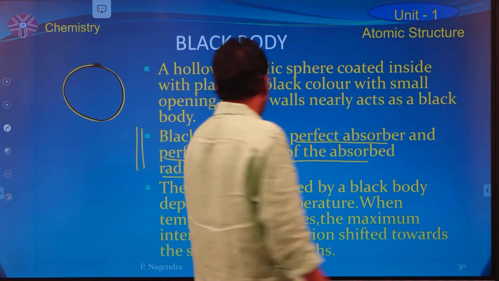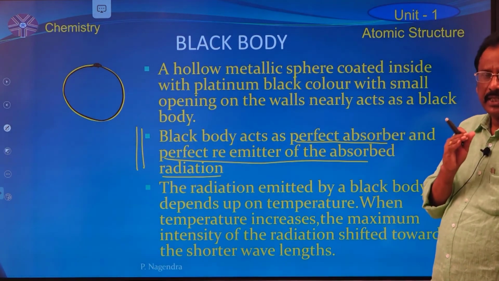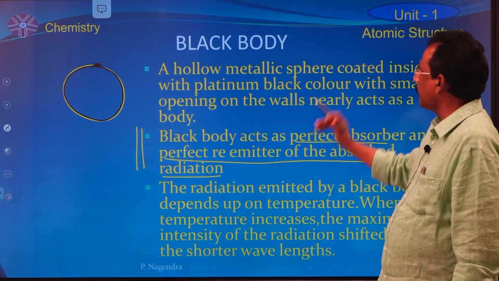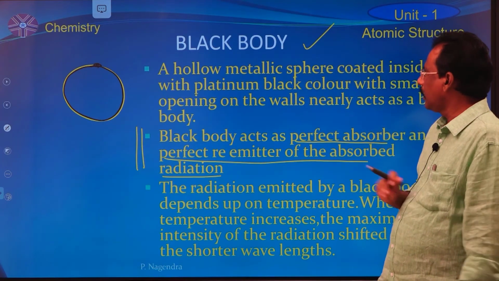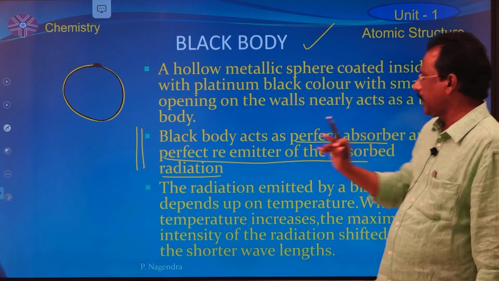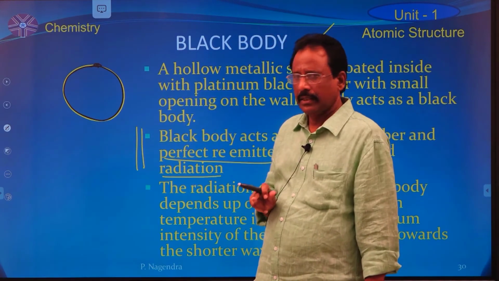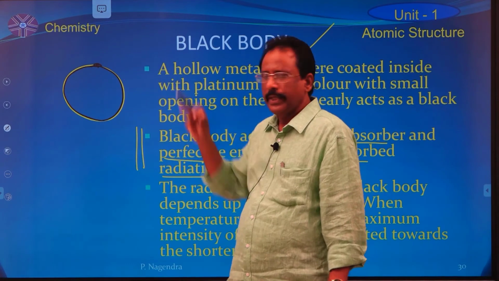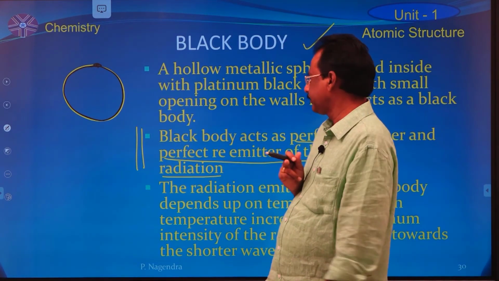A very important point is that Max Planck's quantum theory successfully explains black body radiation. A hollow metallic sphere coated inside with platinum black color, with a small opening, nearly acts as a black body.